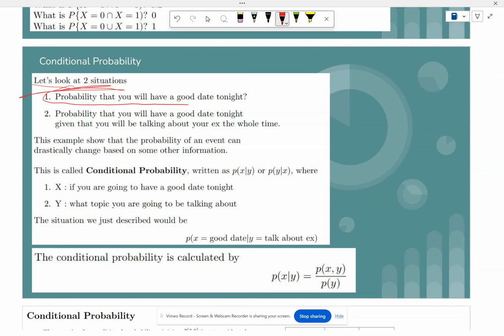The probability that you would have a good date tonight. And second, the probability that you will have a good date tonight, given additional information, that you will be talking about your ex the whole time.